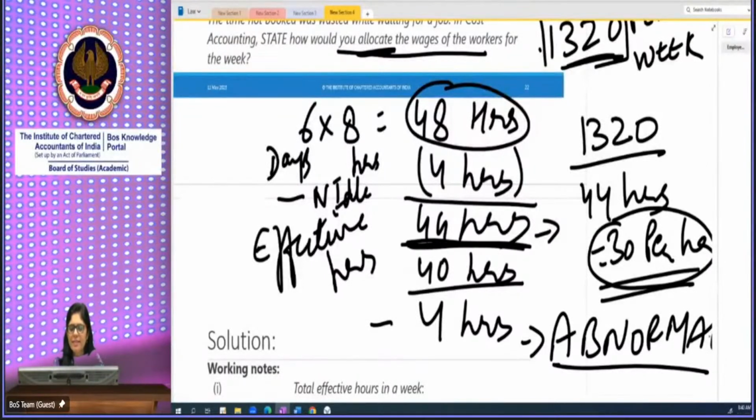We have not taken care of abnormal idle time at this stage. So rate per hour or cost per hour will always be calculated as per normal idle time. We will not deduct abnormal idle time. So our effective normal hours every week should be 44 hours. Every week 44 hours should be productive.